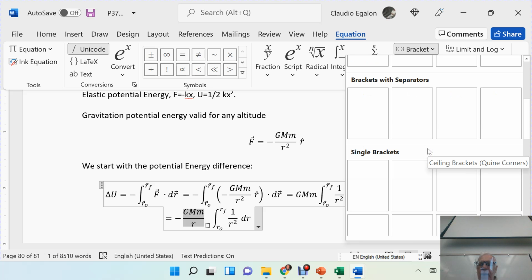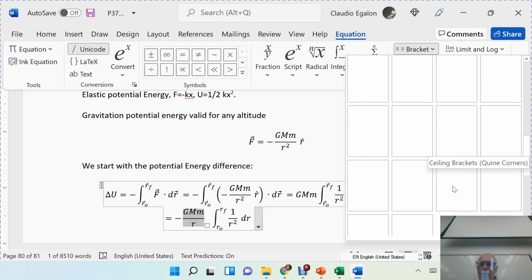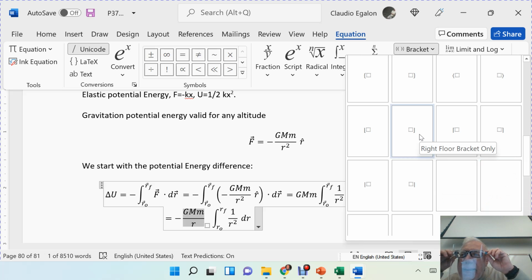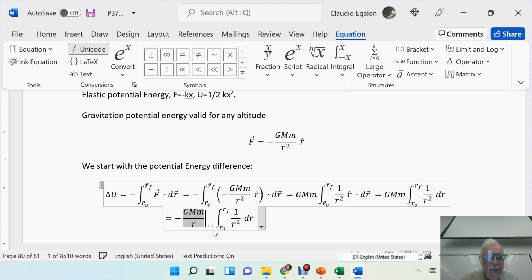Single brackets. Take your time. It's not showing anything. Okay, this is the one I want. Man, my eyesight is getting terrible. Yeah, I got it.